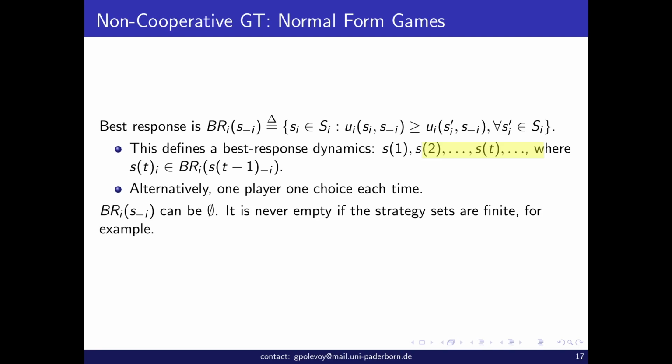So this may at some point become constant, this may sometimes converge, it may not converge, it can cycle, there are many options. But when the best response exists, there are many best response dynamics in general, because when the set of best responses has more than one option, you can take any option. So this definition allows for many options.